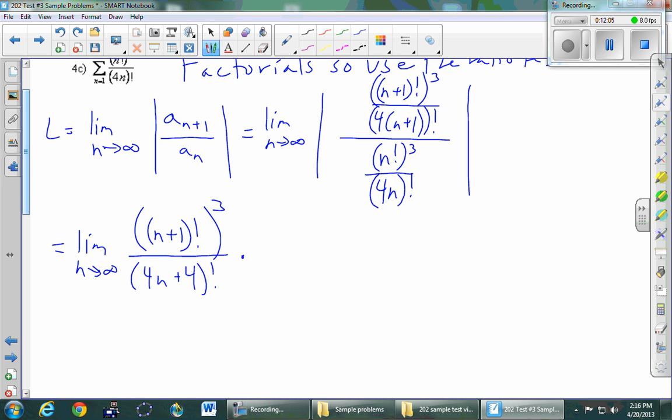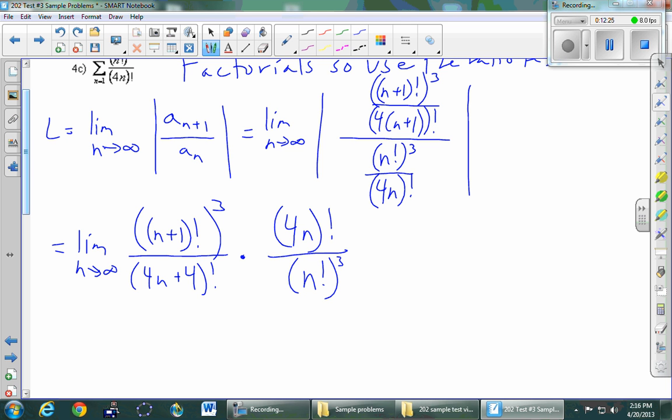And then we're going to change the division to multiplication and flip over the whole thing in the bottom. So we now have a 4n factorial here and an n factorial cubed down here. And I'm going to stop writing absolute value because, again, all these things are positive. So absolute value is irrelevant in this one.